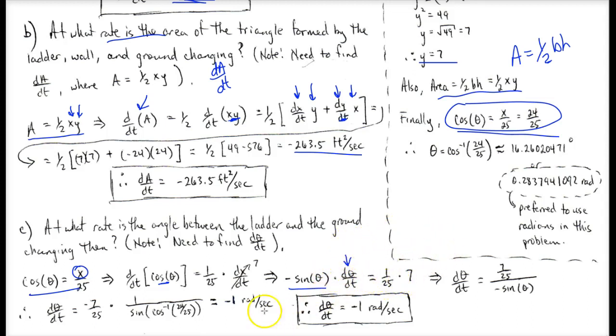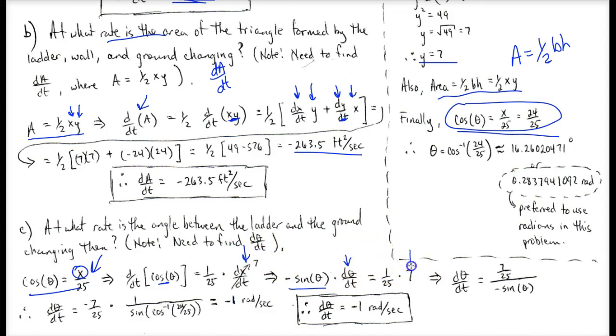We also see that dx over dt, whenever we take the derivative of the right side, the variables still don't match. So we have to take the derivative of x divided by 25, which is just 1 over 25 for the outside function, times the derivative of the inside function, which would just be, sorry, I'm pointing in the wrong place here, which would just be here, the dx over dt.